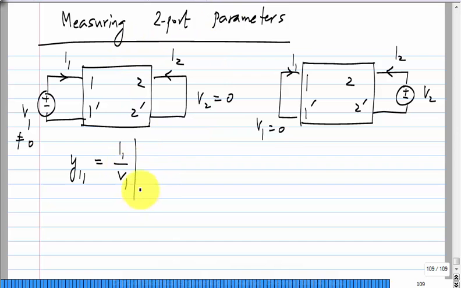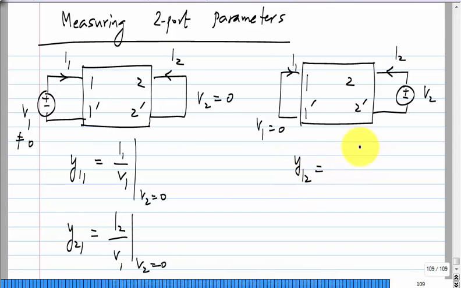So this is I1 by V1 with V2 set to 0, and Y21 is I2 by V1. Basically, if you apply something in port 1, how much of it goes to port 2, with V2 being 0. And similarly, Y12 is I1 by V2. If you apply something to port 2, how much of it comes back to port 1 with V1 being 0.